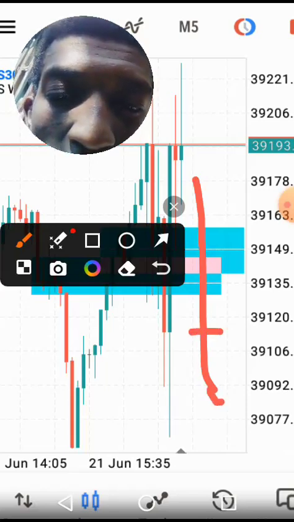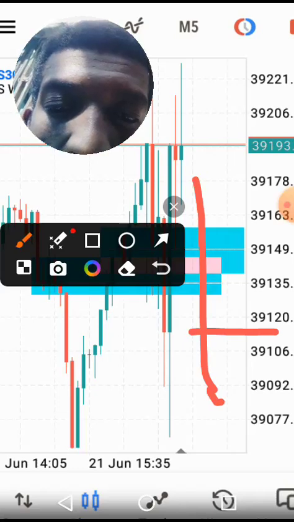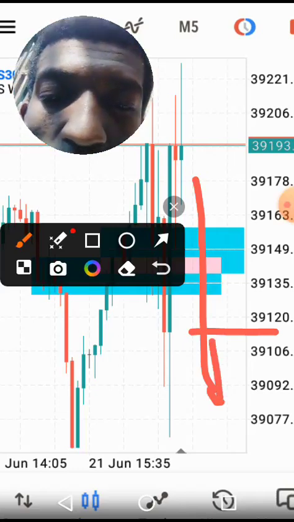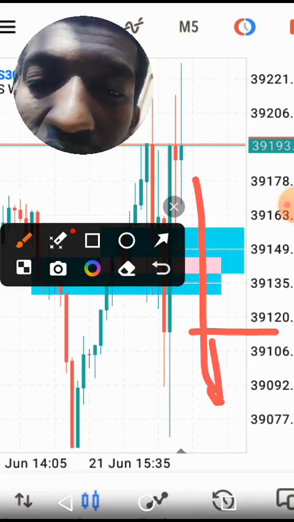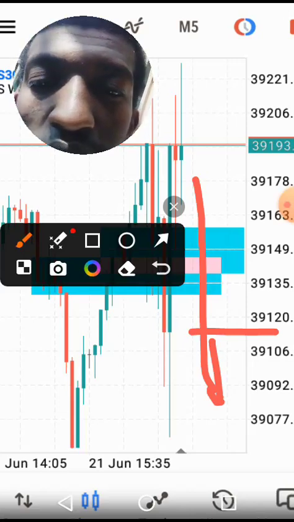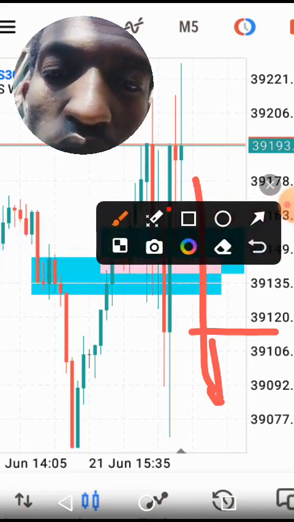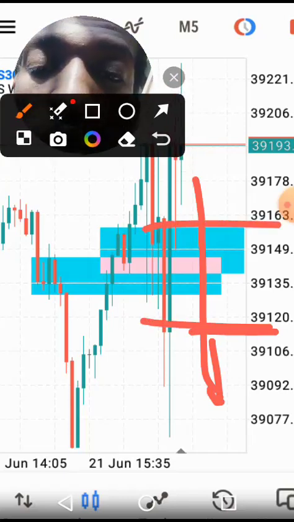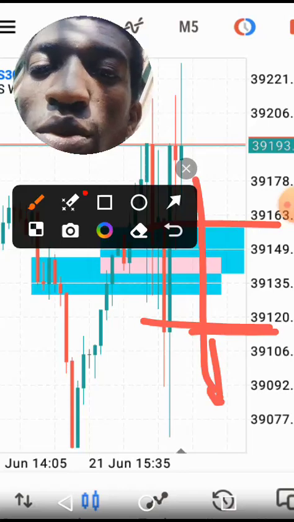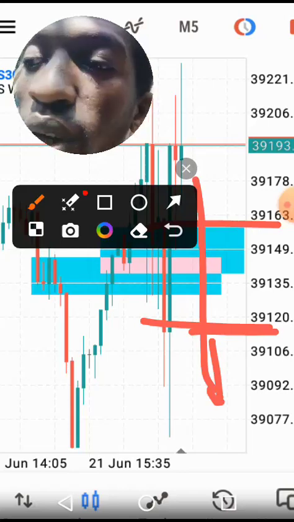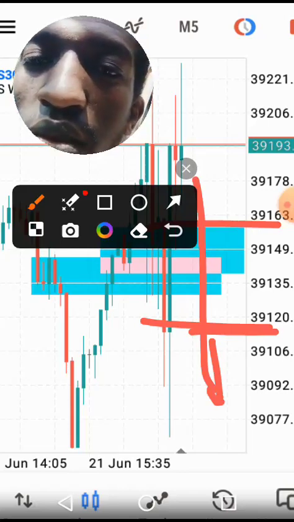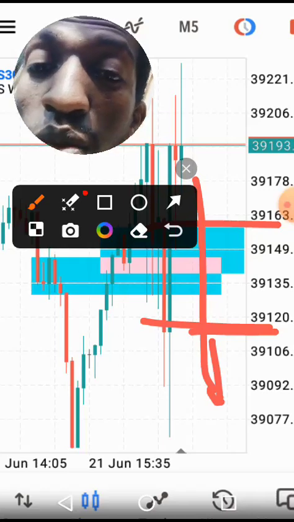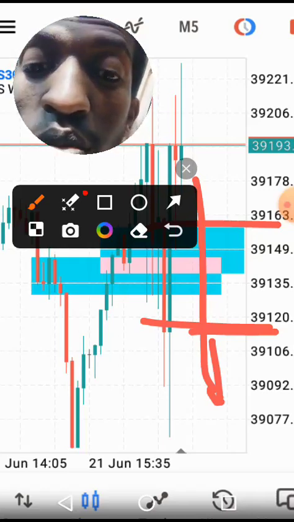Below there, that is a beautiful golden zone. That's a golden zone. It is not a silver zone. The silver zone is this one. The silver zone is found where the first two candles are placed, their bodies.